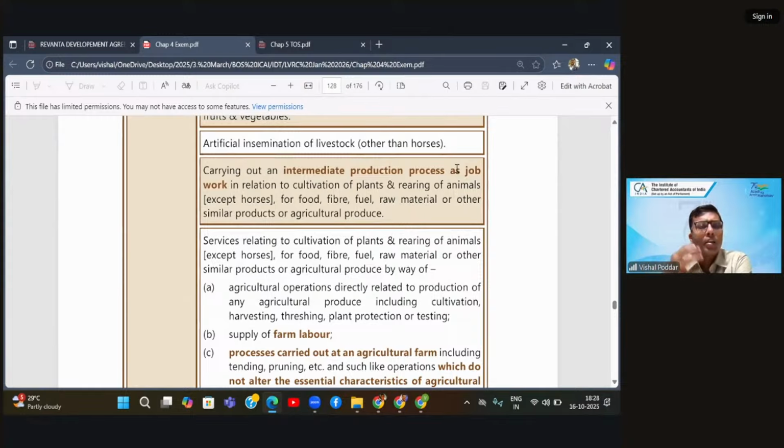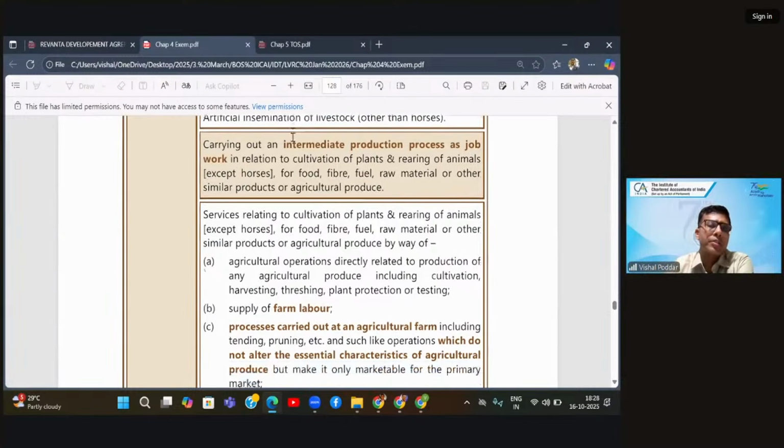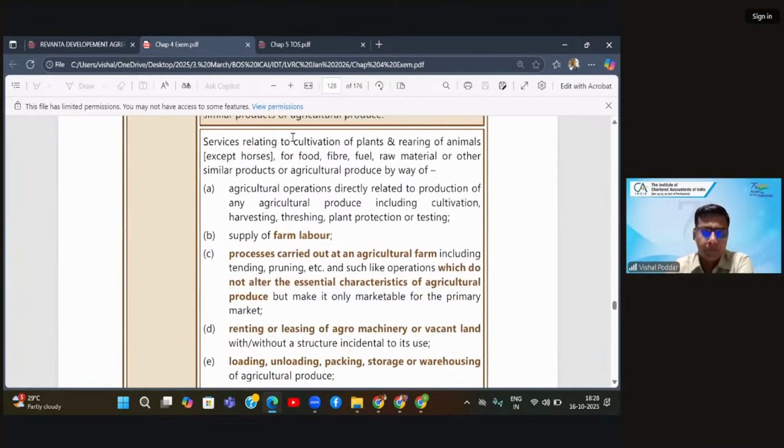Now, generally, cleaning should be done by the farmer itself, but nowadays we have so many business models where some part of my agricultural process I'm getting it done from an outsider on job work basis. So wherever any such intermediate process relating to agriculture or agricultural produce is being done on job work basis, that is what is exempt.